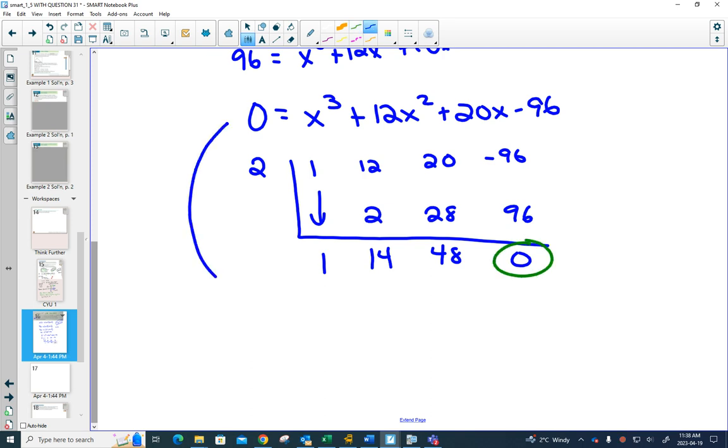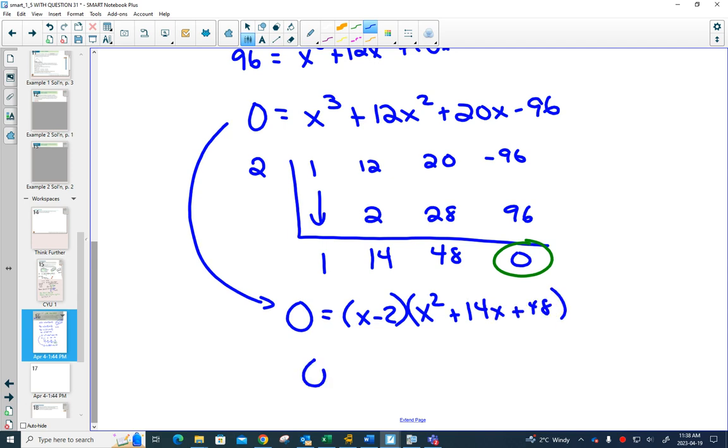So now we can rewrite this with x minus 2 factored out, leaving us with x squared plus 14x plus 48. And this does factor nicely to x plus 6, x plus 8. If this didn't factor nicely, you'd have to use the quadratic formula.